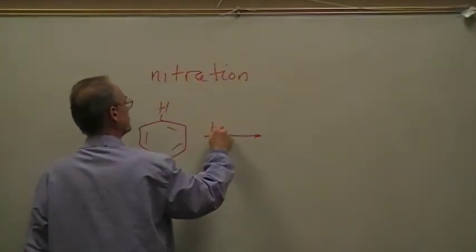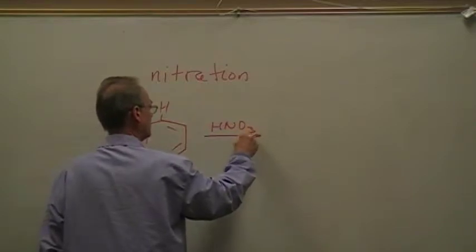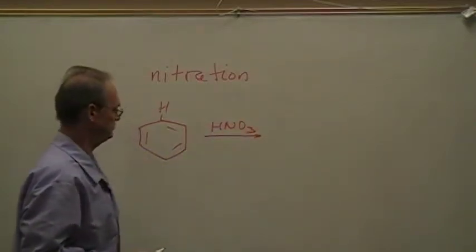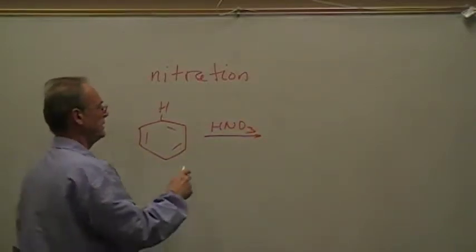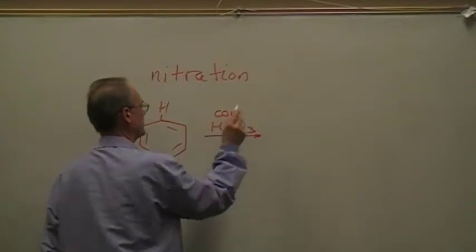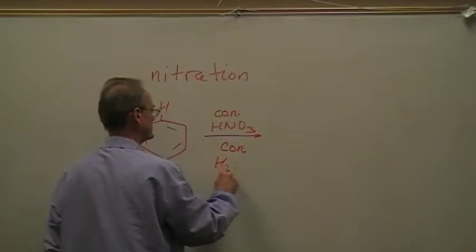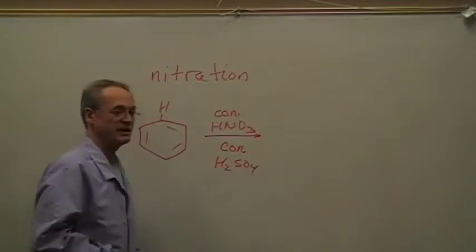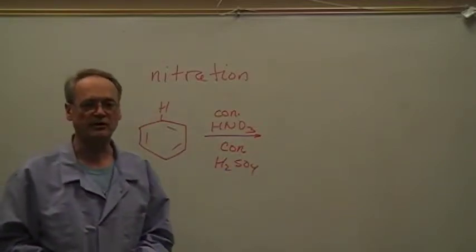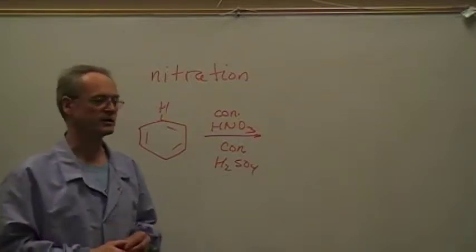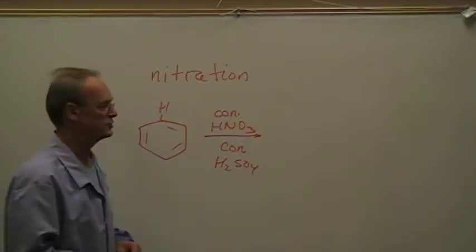And in this reaction, we're going to react the benzene ring with nitric acid. Notice that's concentrated nitric acid. And we're also going to add concentrated sulfuric acid. Notice that that's very severe conditions. Concentrated nitric acid dissolved in concentrated sulfuric acid. Not something you want to stick your finger into, obviously.